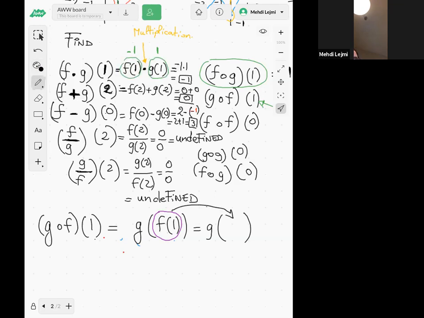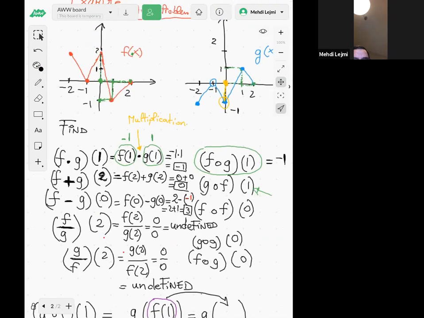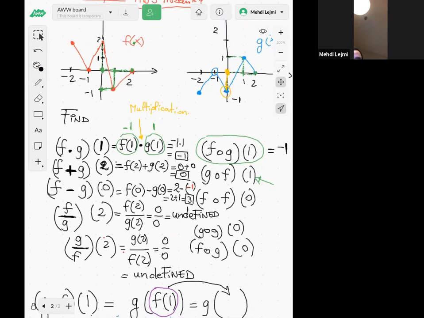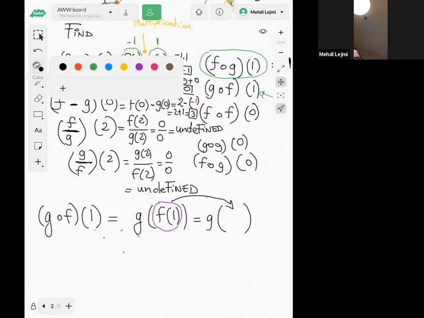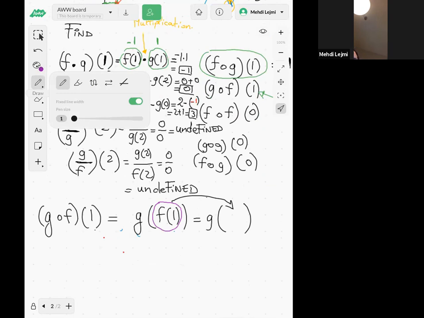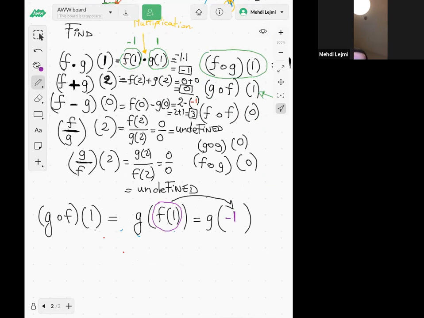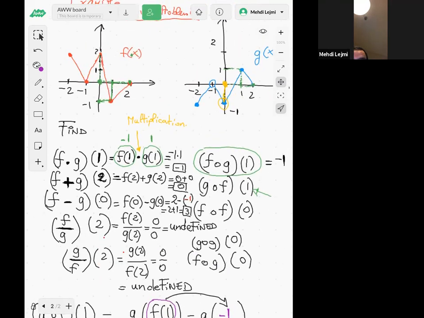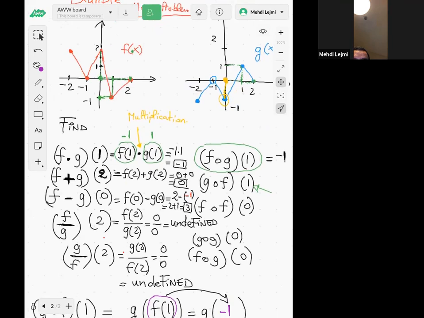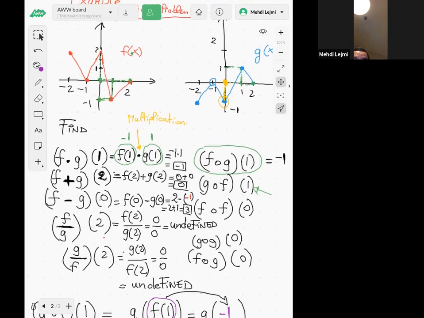Well, f of 1 is, let's check the graph. f of 1 is -1. Right, so that's g of -1. Okay, so again, there's this g outside, right? So now I have to find g of -1, and well, there's an empty circle at -1, so g of -1 is undefined.